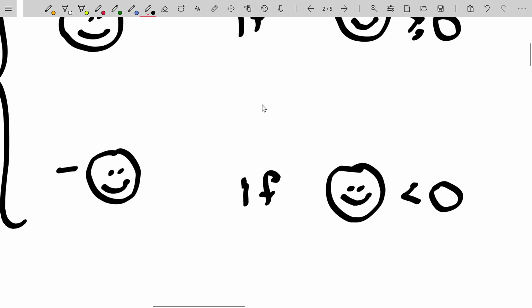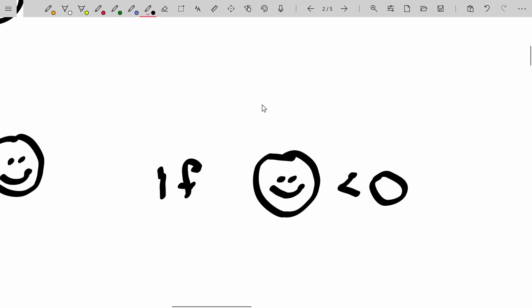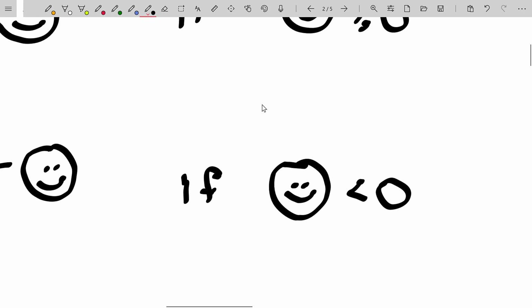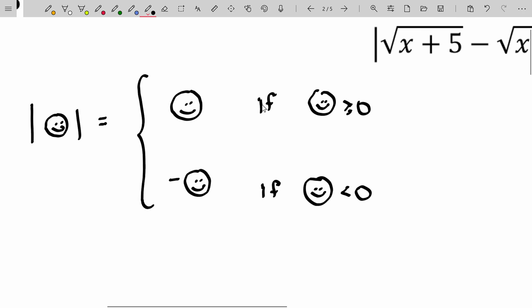However, if that happy face happened to have been negative, the absolute value is going to force it to be positive by putting an opposite sign in front of that happy face. It's currently negative. You put a minus sign in front of it, it will now be positive. So that's a piecewise defined definition of the absolute value. It's actually the true definition of the absolute value.